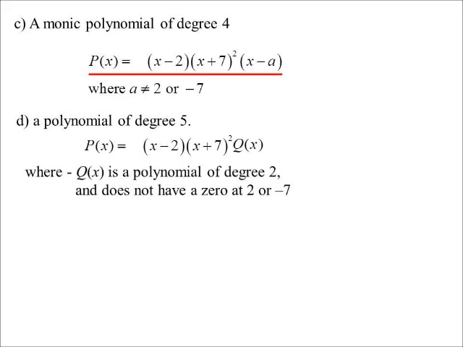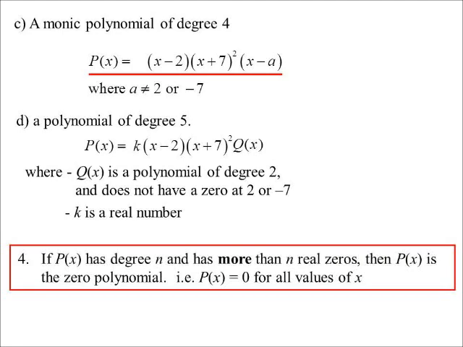So I'm just going to say multiplied by Q(x), where Q(x) is a quadratic. It's a polynomial of degree 2. Maybe it does factorise, maybe it doesn't. I don't know. And again, it will not have solutions 2 or negative 7. And once again, I suppose I could multiply that one because they didn't specify monic, so it could be times some constant as well.